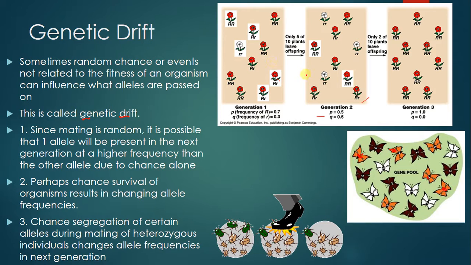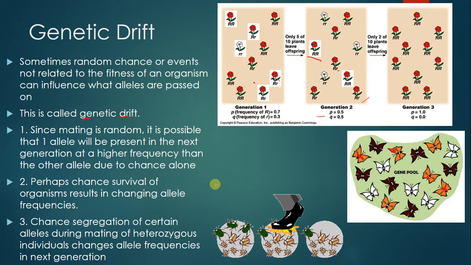And then what if only these 2 plants from the second generation leave offspring? Well, you can see how the allele frequency of dominant R versus recessive R has changed over time just by random mating chance.